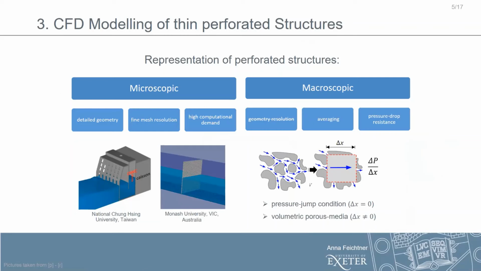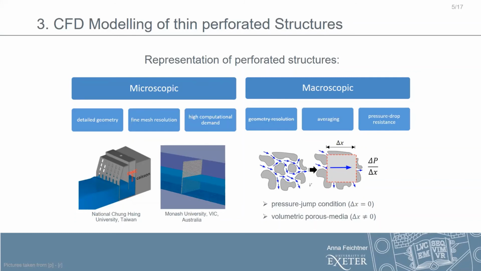And in order to represent this perforated outer structure of the TLP, there are generally two options. The intuitive one is a microscopic approach, where the detailed geometry of this perforated shroud is resolved in detail, which requires a very fine mesh resolution and typically comes with a high computational demand.